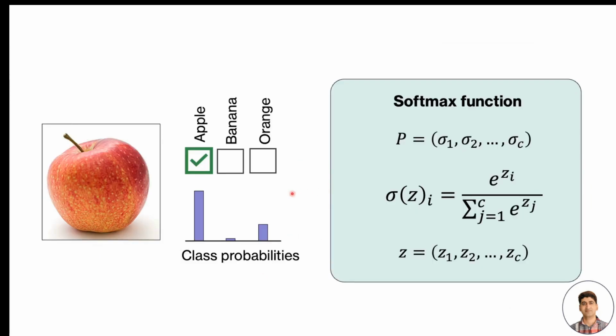In order to get the class probabilities for multi-class classification, we can use the softmax function. Given a vector z, which is the logits, that is the output from the neural network model, we can apply the softmax function, and then we get the probabilities for each class from class 1 to class C. The softmax function is applied in this form, where we take the exponential of each element in the logits divided by the sum over the exponentials of the logits.